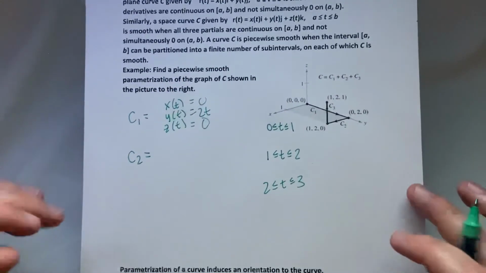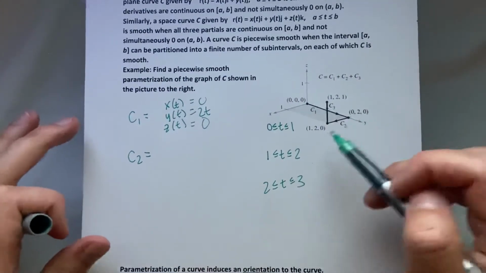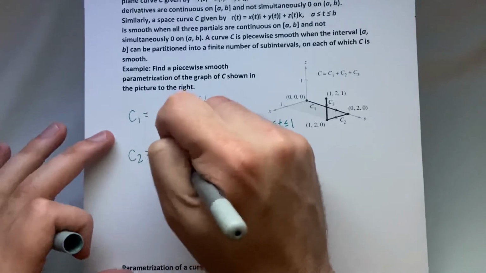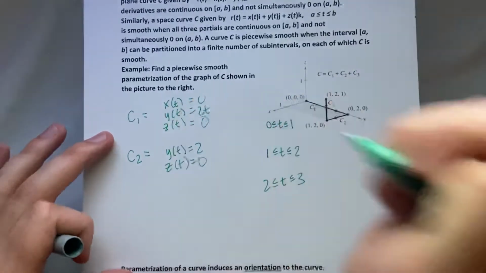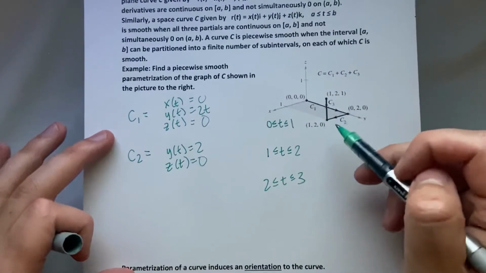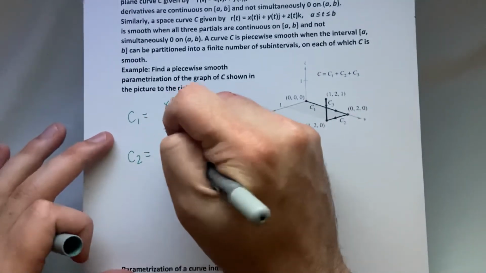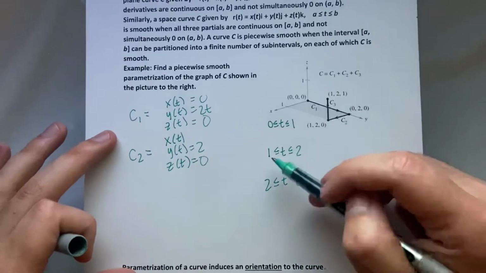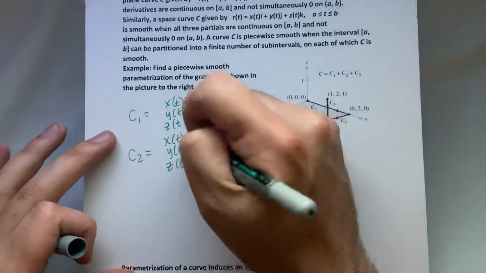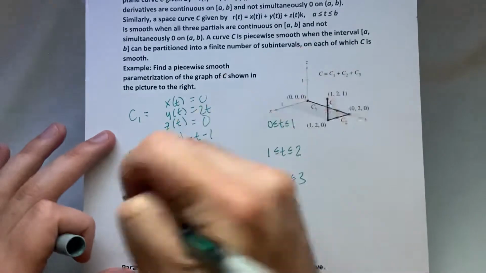For the second function, y is now just 2 and z is 0, because neither of those moves here. But now x is increasing by 1. However, remember, we're going from 1 to 2 in t, while x goes from 0 to 1, so x is actually t minus 1.